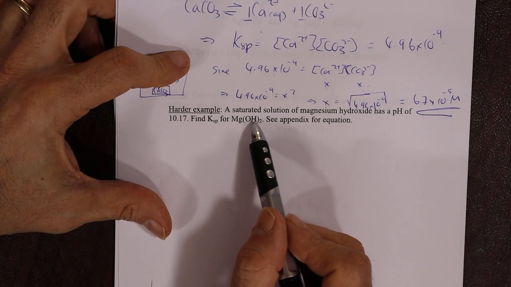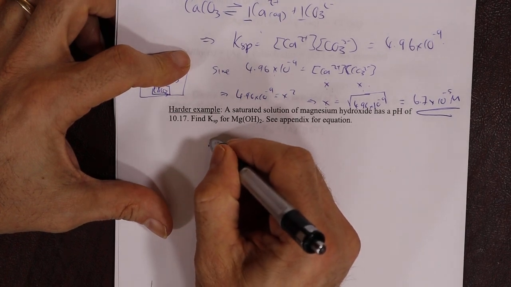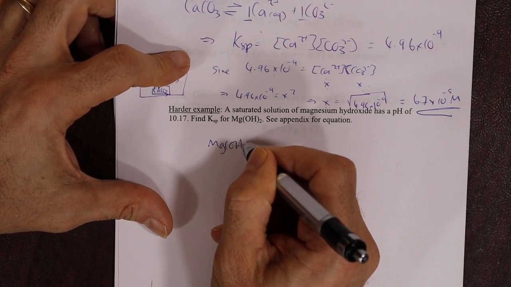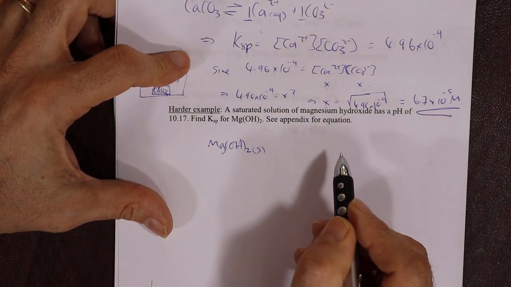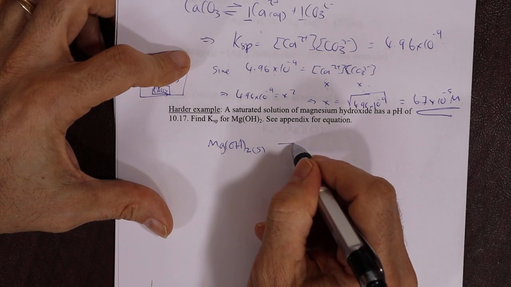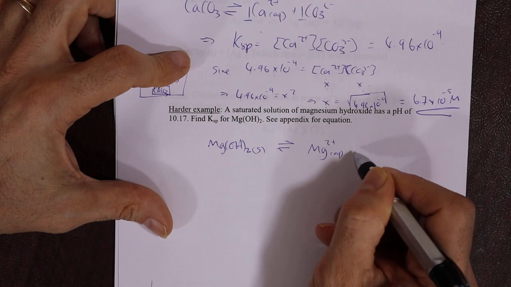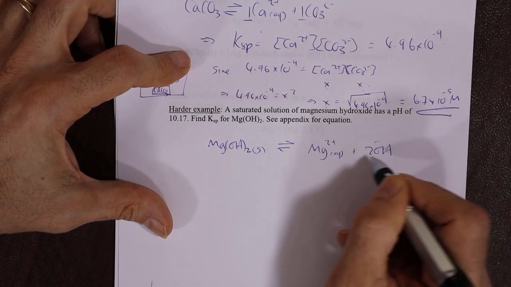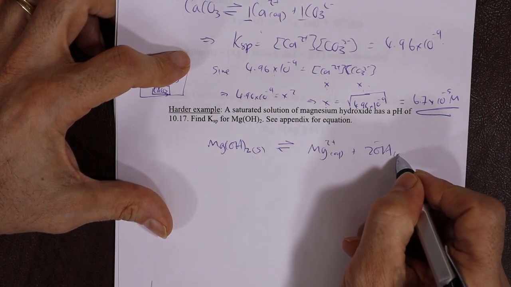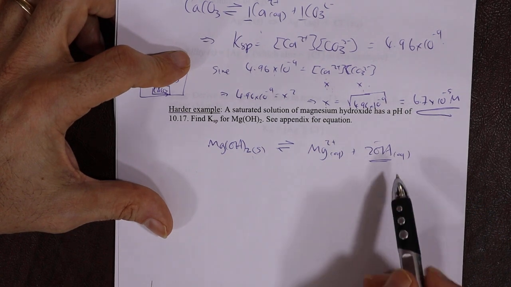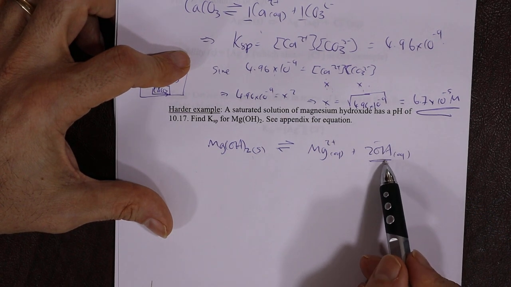So we have magnesium hydroxide, Mg(OH)2 solid. It's going to get into solution, right? Now be careful, because you're going to get Mg2 plus and 2OH minus, right? There's 2 in there. Now because we've got OH, we can get to pOH and then pH, right?